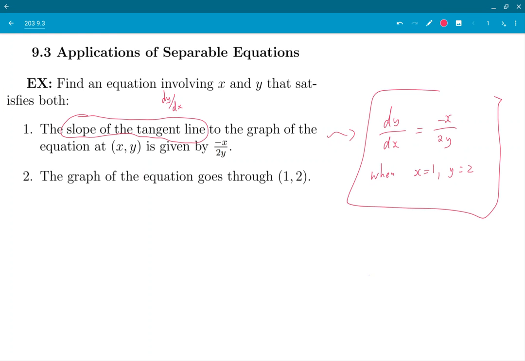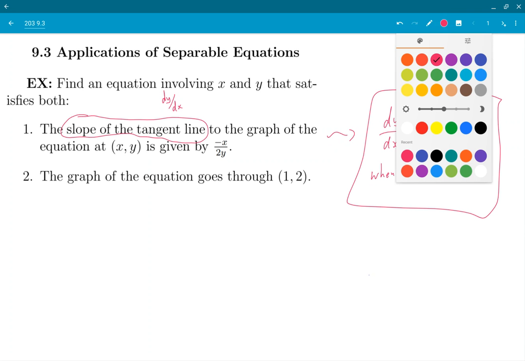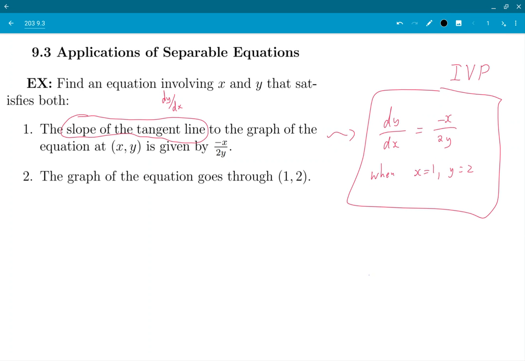So this is our initial value problem, which we can solve by separation. So I separate. What do I get?